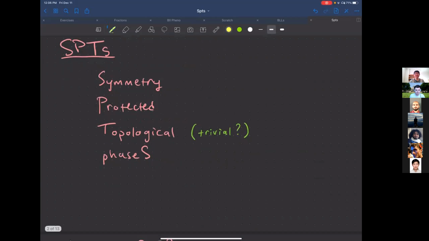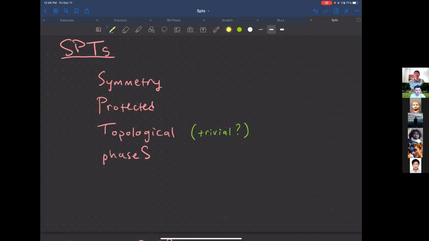And I don't know how widely known this anecdote is, but when we were taking Xiaogang's class on quantum matter a few years ago, I think he likes to tell this anecdote.